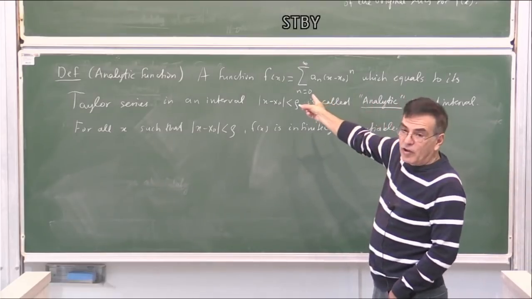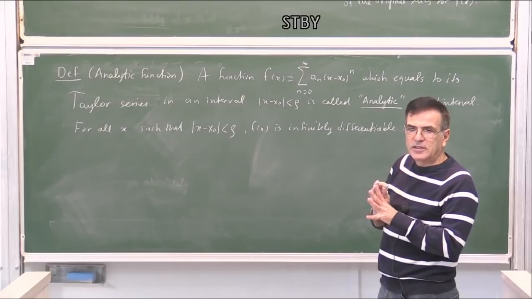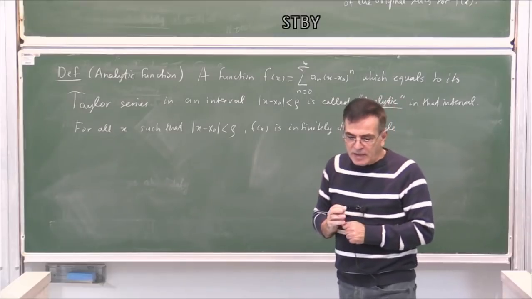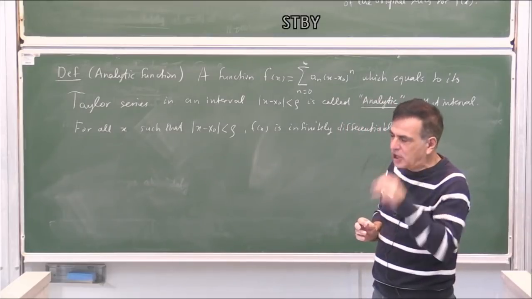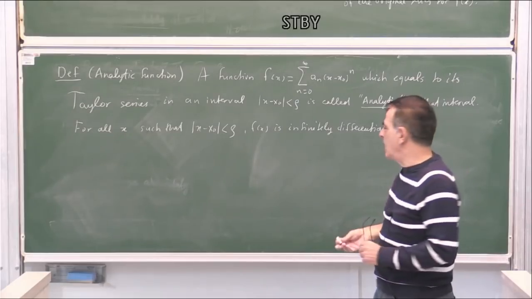And the result is a convergent power series if f of x is analytic. Please be careful. I'm not saying that all infinitely differentiable functions must be analytic. This is not the case.